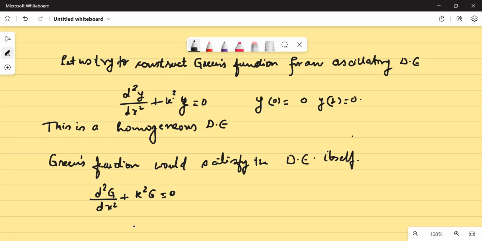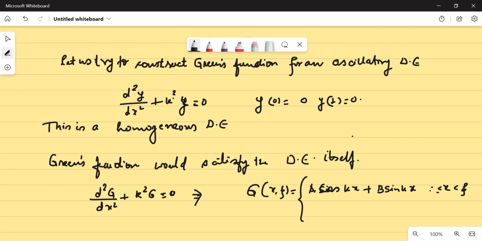And given this differential equation, we know that the solution will be some linear combination of sines and cosines. So I would write G(x, zeta) equals A cos kx plus B sin kx, for x lying between 0 and zeta.